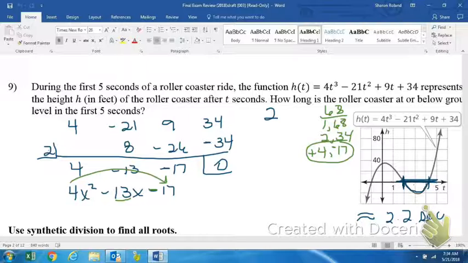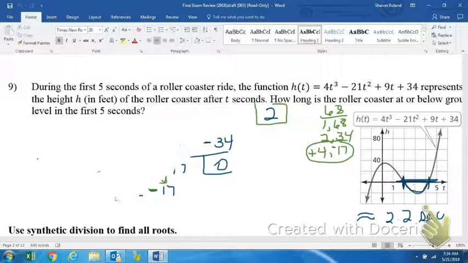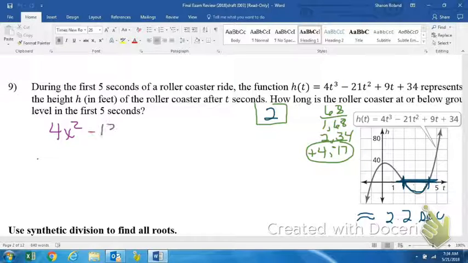So I'm going to erase all of this because we got the answer to be 2 already, and so I'll have room to work. Okay, so that was 4x squared minus 13x minus 17. So I'm replacing negative 13x with 4x and negative 17x.